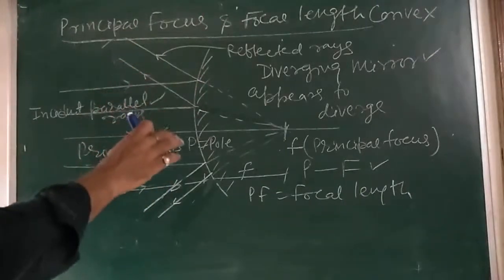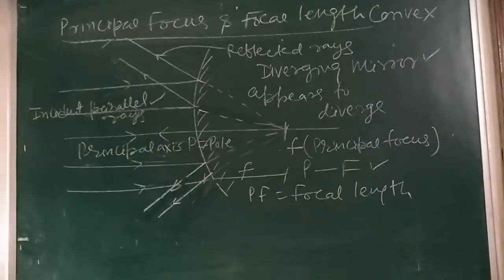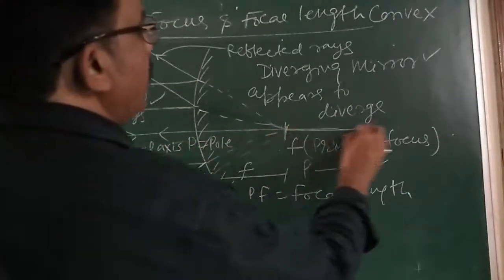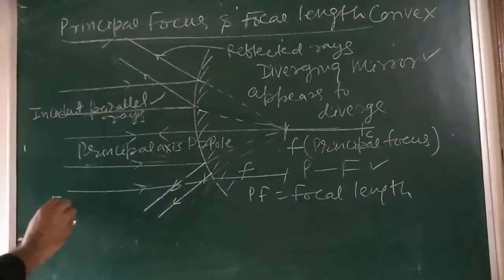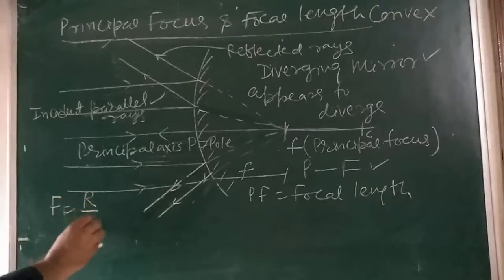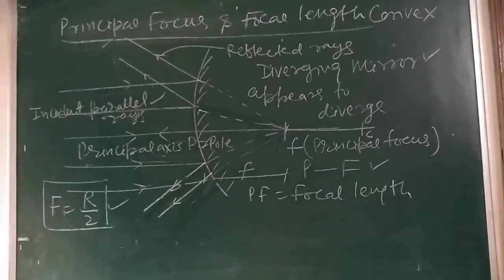The relation in between the focal length and radius of curvature. You have to remember this formula: focal length f is equal to R by 2. The derivation of this formula is not in this class. Just remember that the radius of curvature is double the focal length.